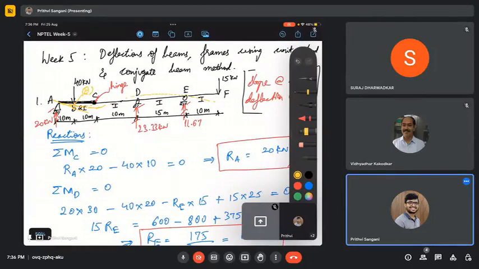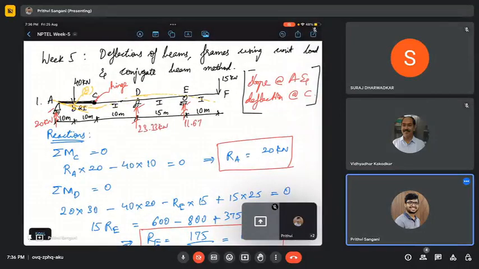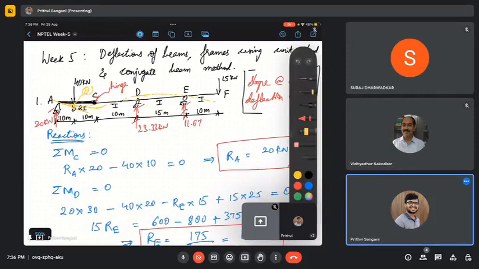So you'll have this, and then you'll have something like this. All right. This is theta. Theta is clockwise.